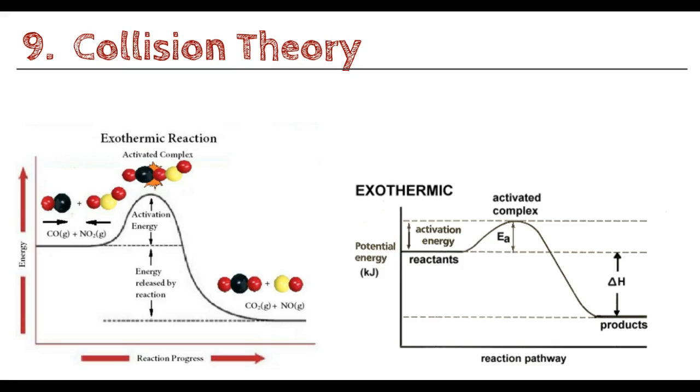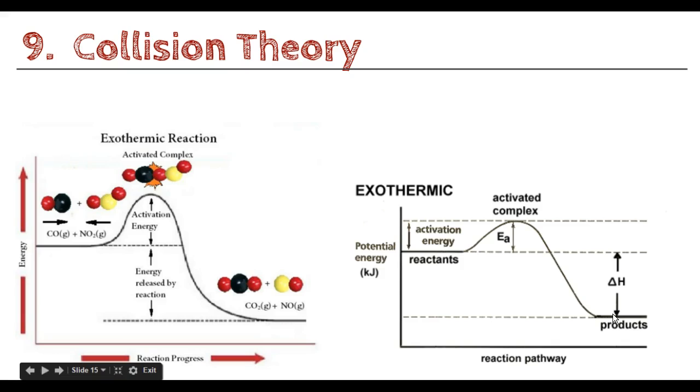So I can tell that both of these are representing exothermic reactions because it looks to me like energy is being given away to the surroundings by the system. I start out with a certain amount of energy in my reactants, and my products have less energy than they did. That means that the system must have lost energy. It must have given away energy in the process of reacting.